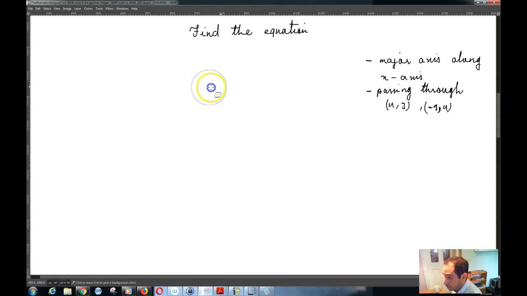So since the major axis is along the x-axis, I can write x squared by a squared plus y squared by b squared is equal to 1.